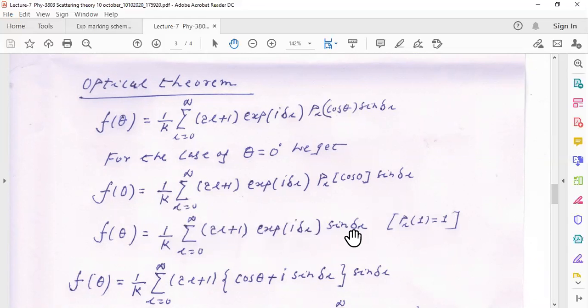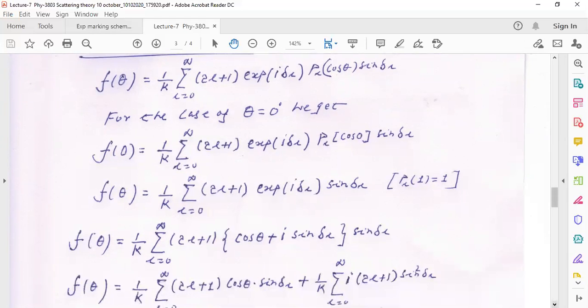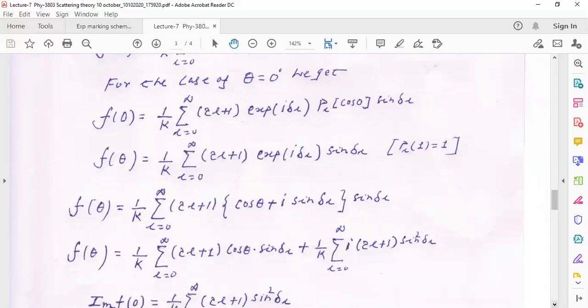Now you see this is e to the power of i delta, so it consists of a real term and an imaginary term. I am writing both the terms separately: 2L plus 1, cos delta plus i sin delta, into sin delta. I separate the real term: 1 upon k, sum from L equal to 0 to infinity, of 2L plus 1 cos delta L sin delta L. This is the real part.